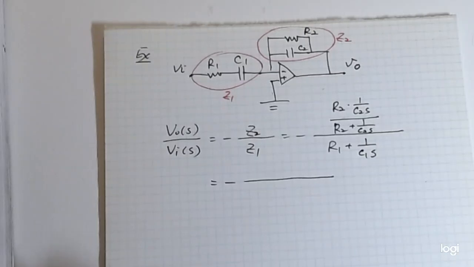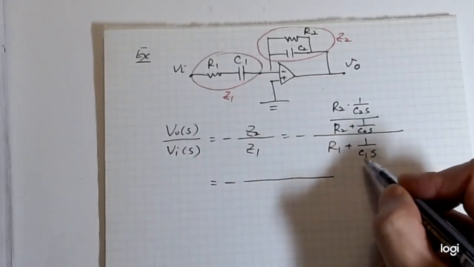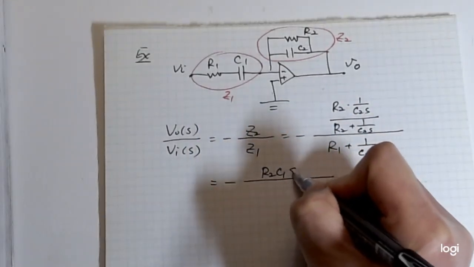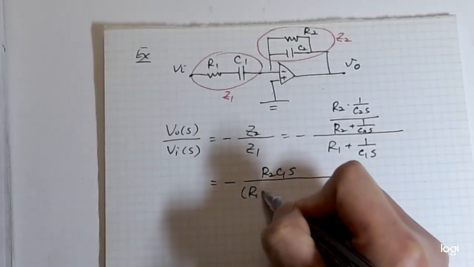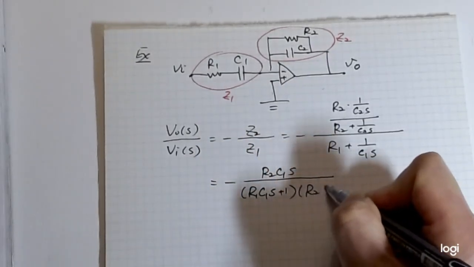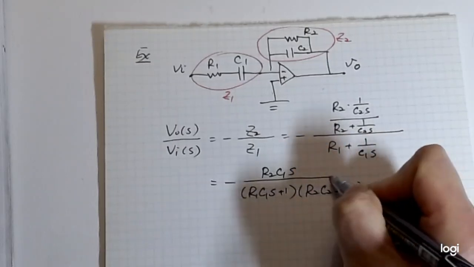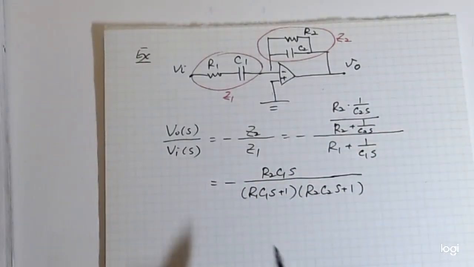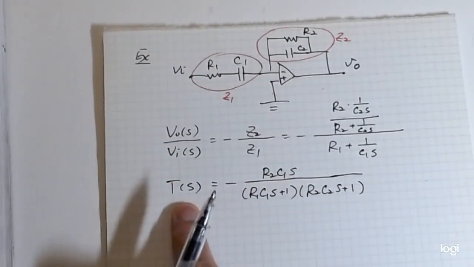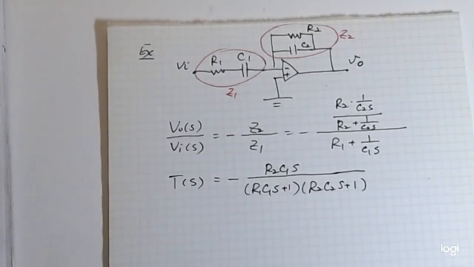C1 R2 C1S over R1 C1S plus 1 times R2 C2S plus 1. Okay, so we get a transfer function, which is output over input, the definition of transfer function, which will be this one.